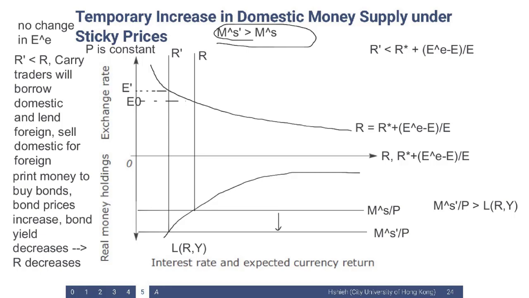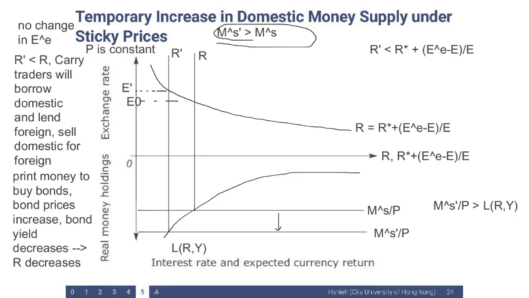So let's walk through the math first to convince ourselves that indeed this curve has to shift, and E prime must be higher than E naught. We can see this by looking at the market clearing condition. MS prime over P is greater than L, right? When this occurs, we're no longer in equilibrium.